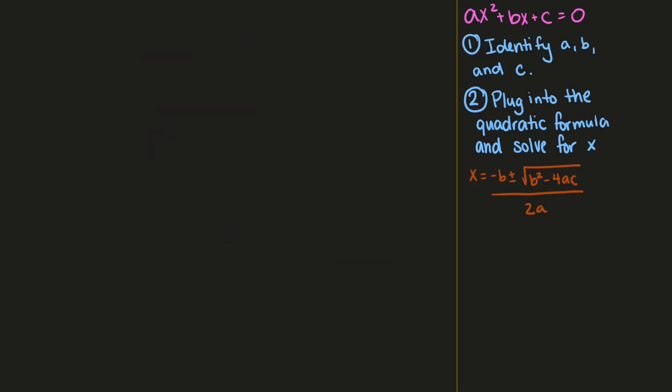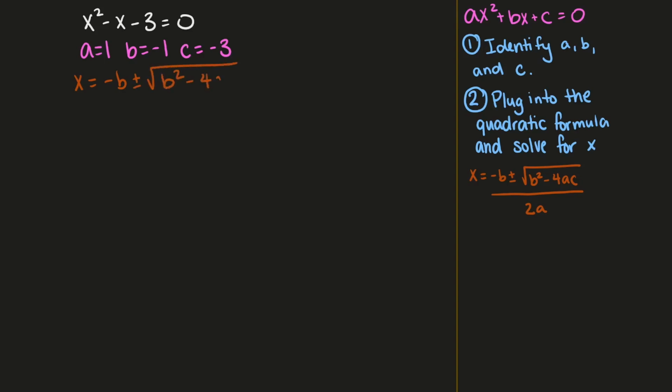Example number 5. We have x squared minus x minus 3 equals 0. Our a is 1, our b is negative 1, and our c is negative 3. Again, let's write out our quadratic. X equals the opposite of b, plus or minus the square root of b squared minus 4ac, all over 2 times a.